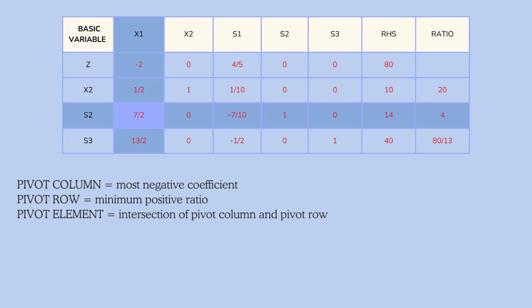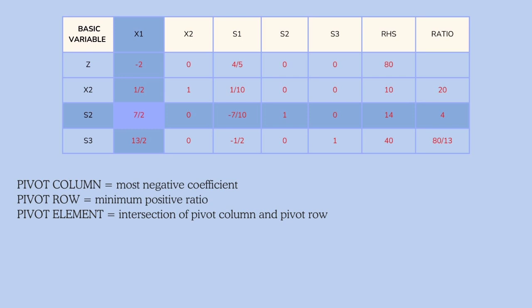So, next naman is yung pivot element. Para makuha siya is the intersection ng pivot column and pivot row. So, ang intersection nito is yung 7/2. So, after natin malaman yung entering and leaving variable natin, we'll make the new pivot row. So, para makuha yung new pivot row natin, may formula nga tayo sinabi doon.